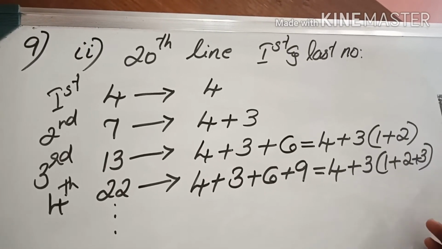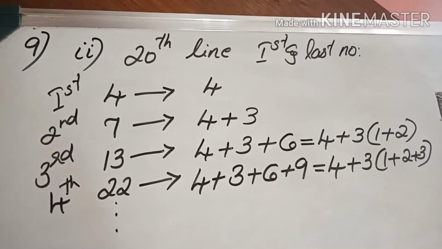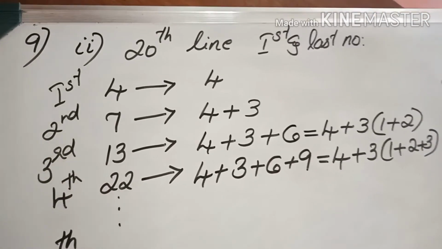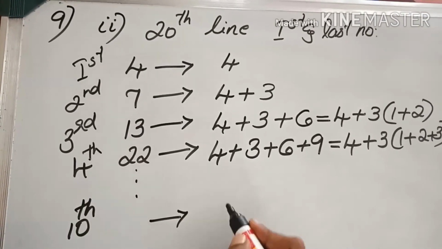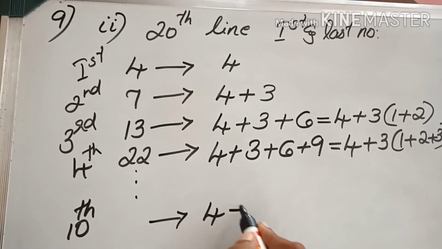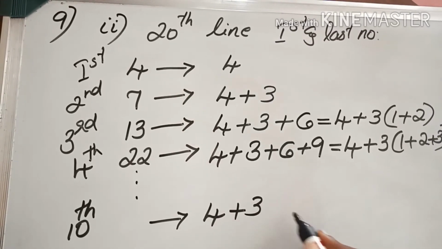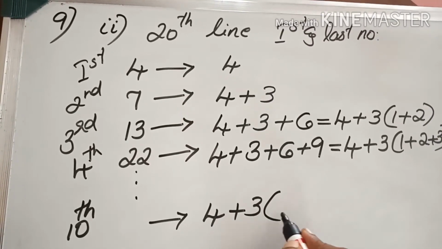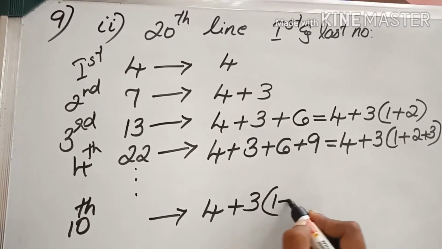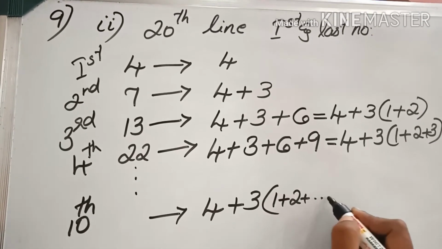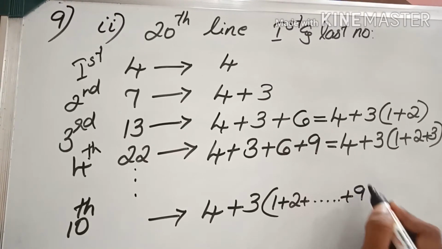So in general, if we have to write the 10th line's first number, how will we write it? Starting number 4 plus 3, the common difference, into how many natural numbers will we add here? For the 10th line, that means 1 plus 2 plus, etc., up to 9.